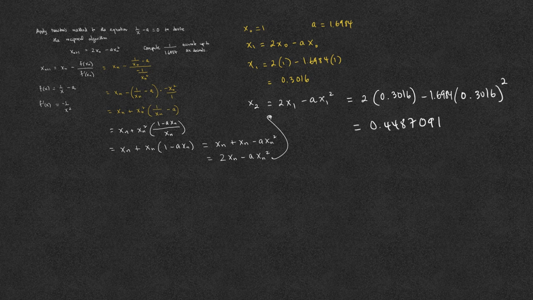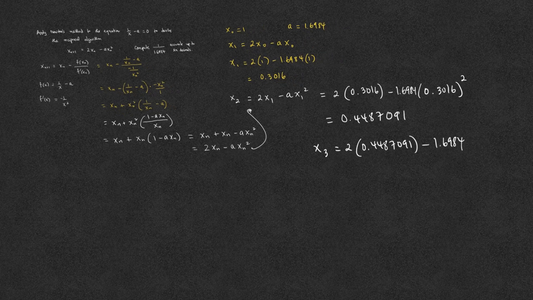In the intermediate step, x sub 3 is 2 times x sub 2. X sub 2 is now 0.4487091 minus 1.6984 times x sub 2, which is 0.4487091, squared. We will get x sub 3 to be approximately 0.555462.